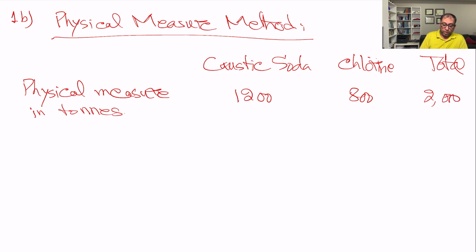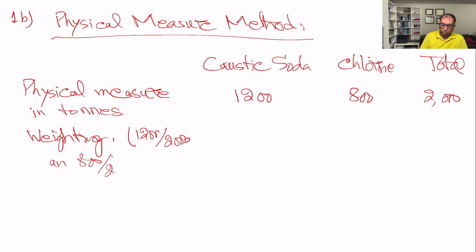And weighting again: for caustic soda it is 1200 divided by 2000, and 800 divided by 2000. So this comes to 0.60 and 0.40. In simple terms we can say it is 60% and 40%.